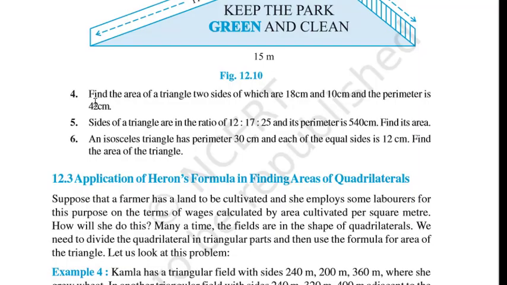Then the area of a triangle can be found using Heron's formula, provided I know the value of the diagonal. So either it is given in your question or there will be some information by which you can find the length of this diagonal. So let us see how we use that using some examples.